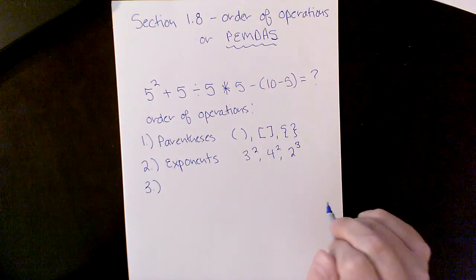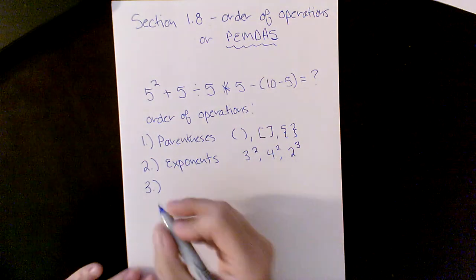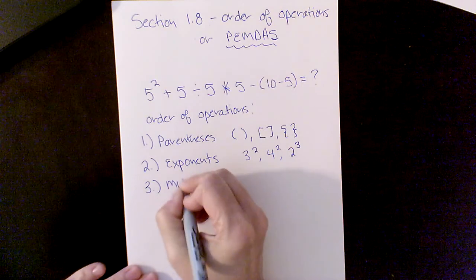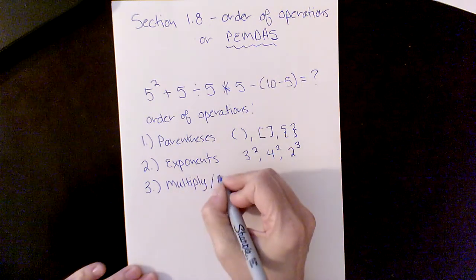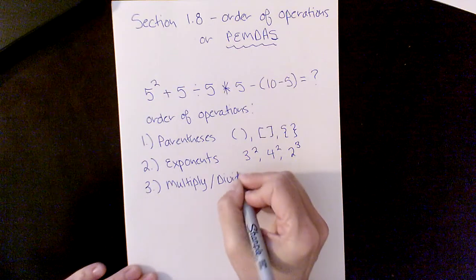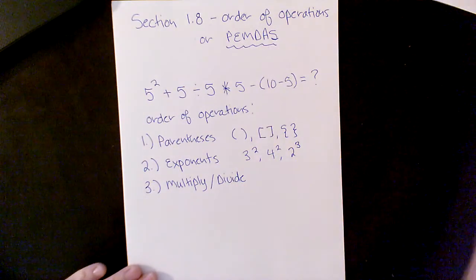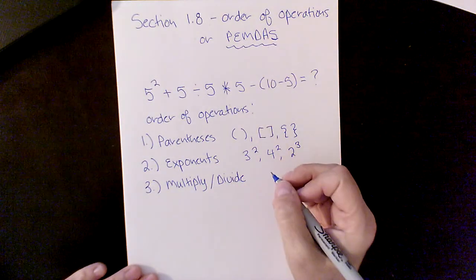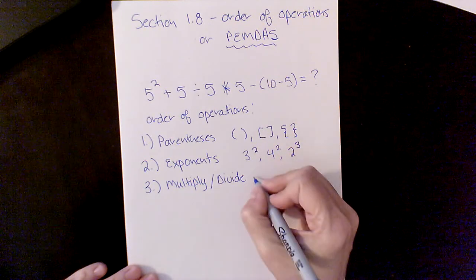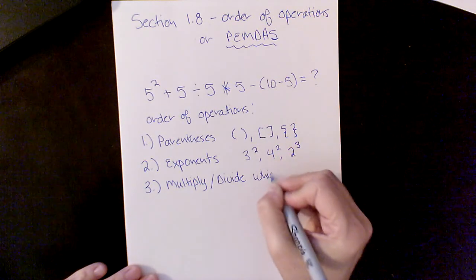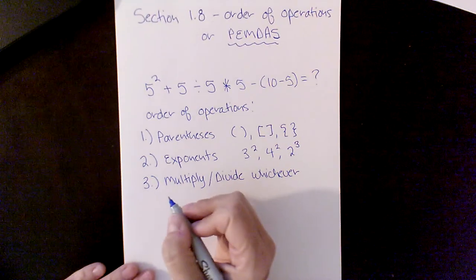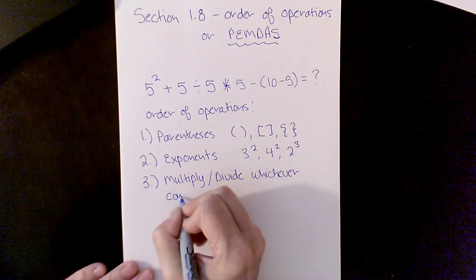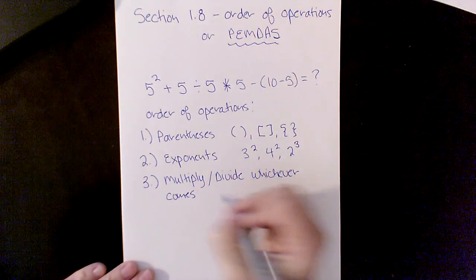So third, here it gets a little bit tricky. We're going to multiply, divide, whichever comes first in the problem as you're going left to right.